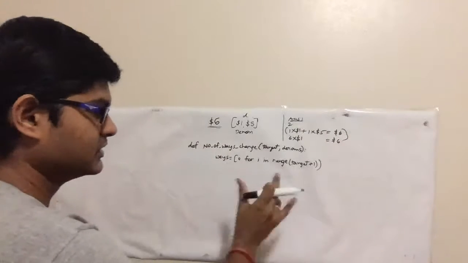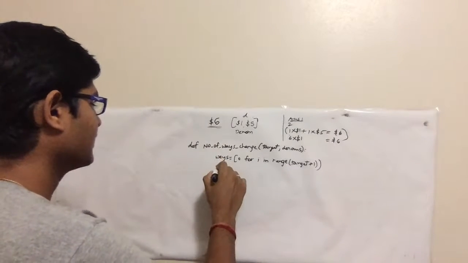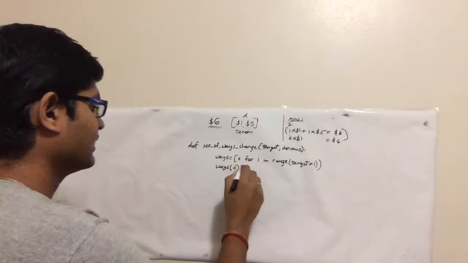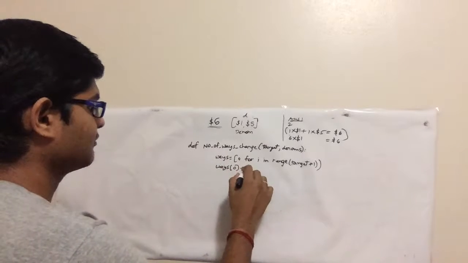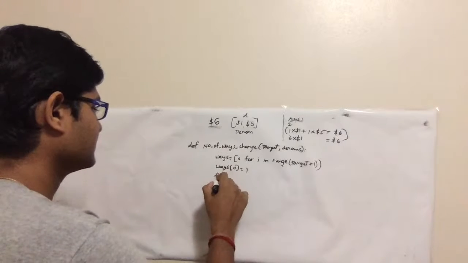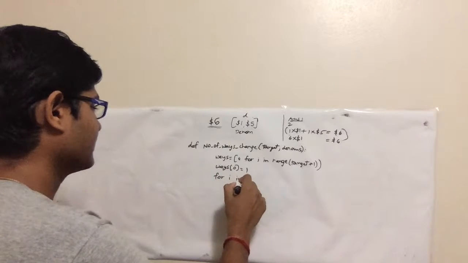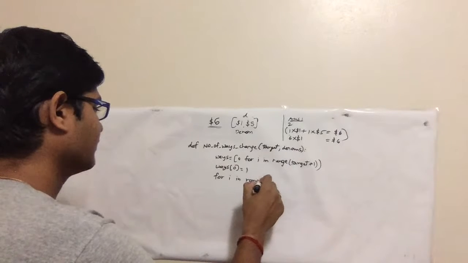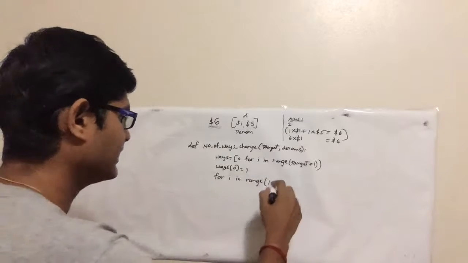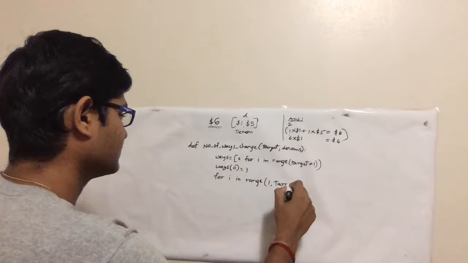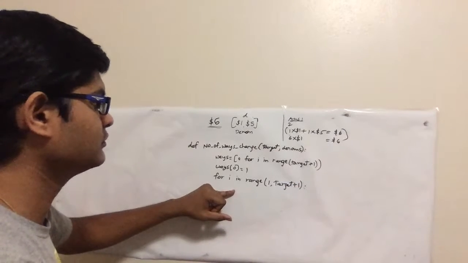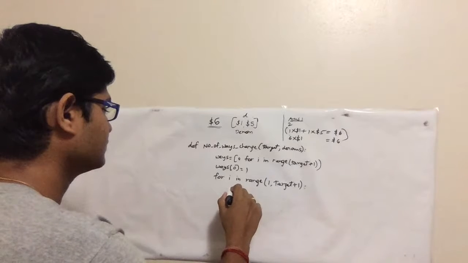This will initialize the zeros, but I want to update the first element in this ways list to 1, and afterwards we need to iterate for i in range from 1 to the target plus 1.